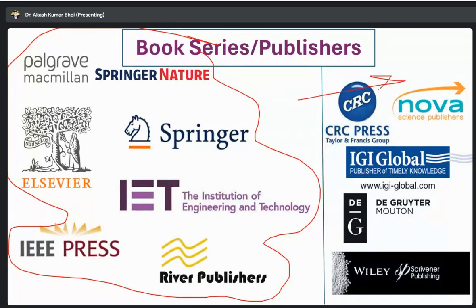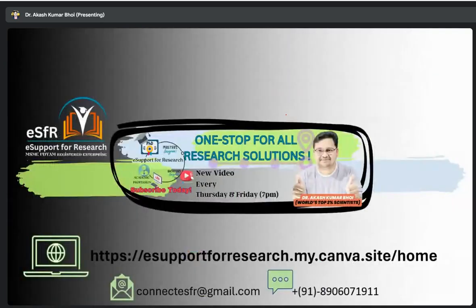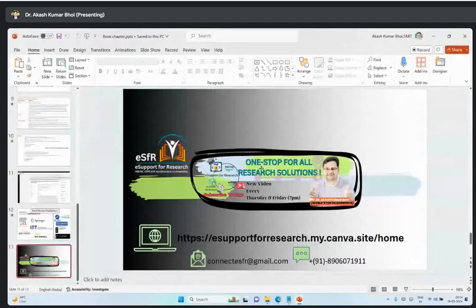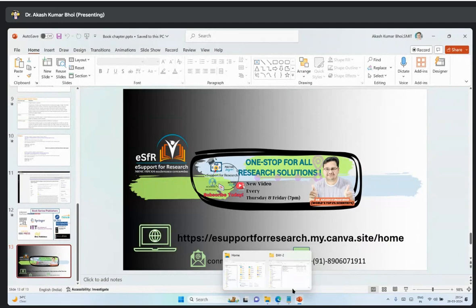And we have books with CRC, with IGI Global, with De Gruyter, and with Wiley Scrivener publishers also. But these are reputed publishers: Springer Nature, the IET, the IEEE Press, River Publishers, and all that. So if you are contributing, try to contribute to those book series. You have to look into the call. It will be mentioned in that call.